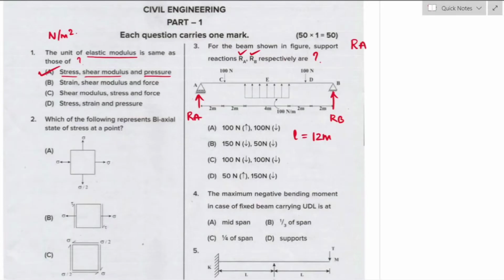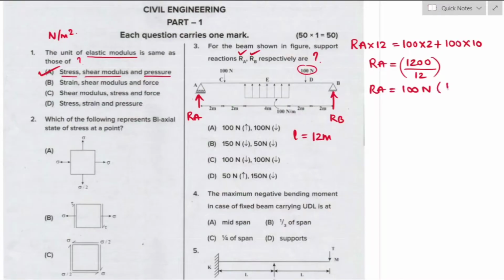So taking moments about B, RA into total length of the beam 12 meter is equal to 100 Newton into 2 meter plus 100 Newton into 10 meter. So RA is equal to 1200 Newton divided by 12 meter, which is equal to 100 Newton acting downwards.